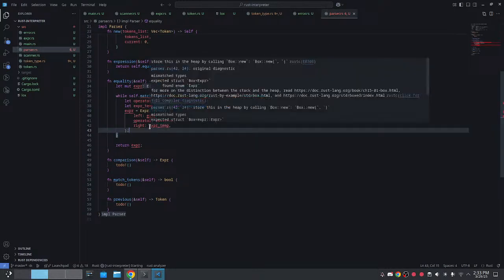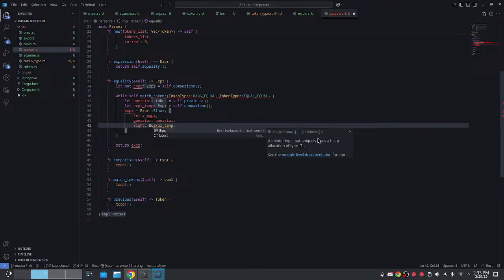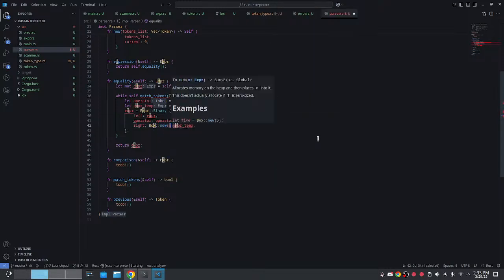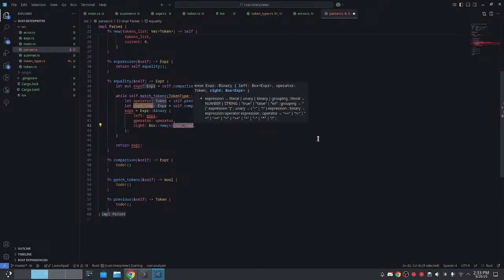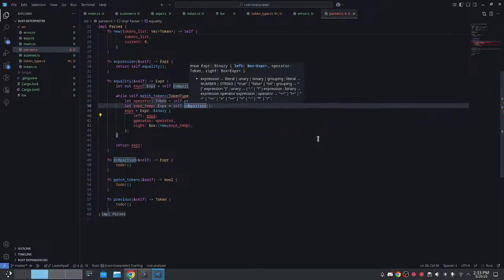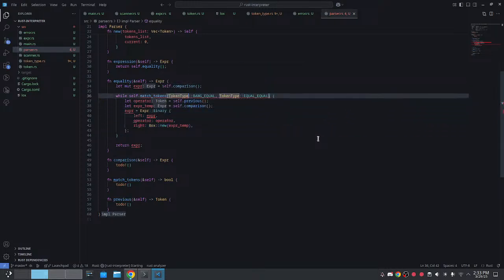Why is this giving these sort of errors here? Box new, then just do this. This is match tokens, right?